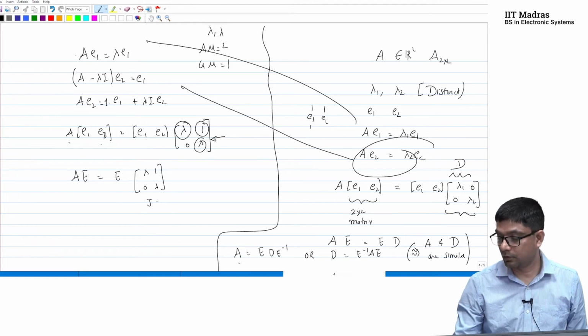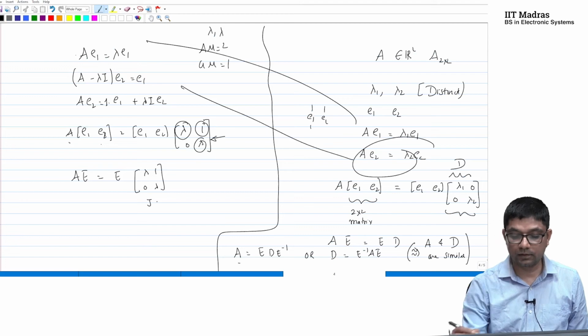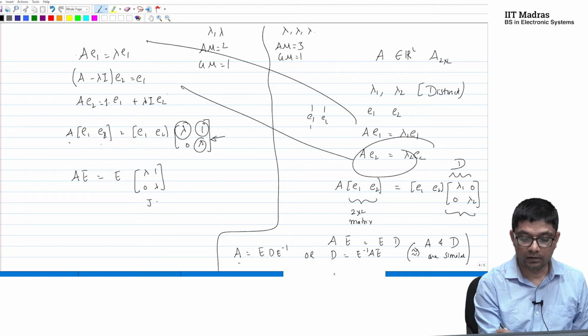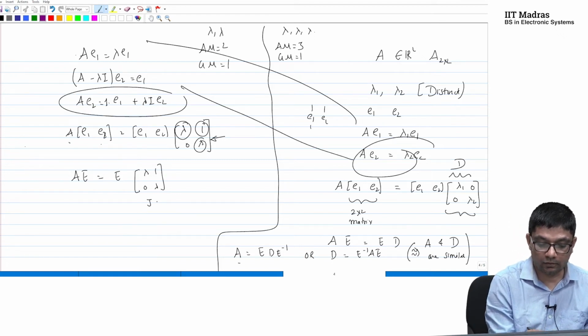Okay, now what will happen if this were lambda, lambda, lambda with algebraic multiplicity equal to 3, geometric multiplicity equal to 1? I will add to this one extra expression.